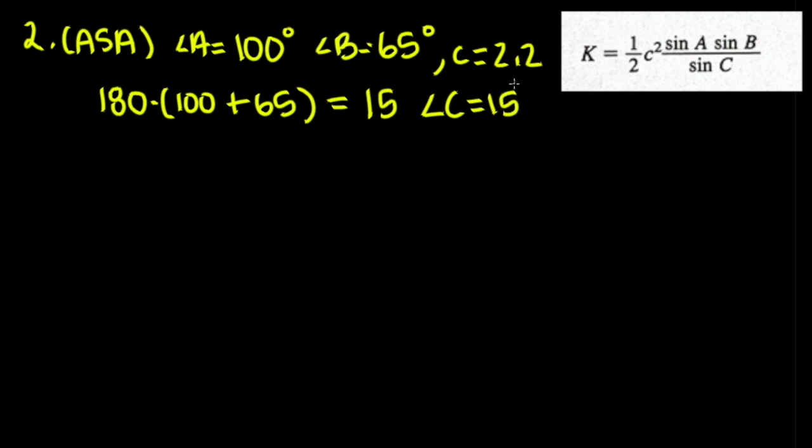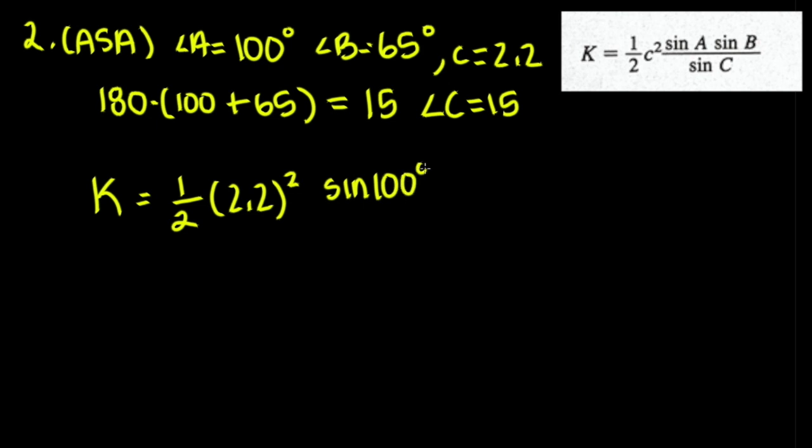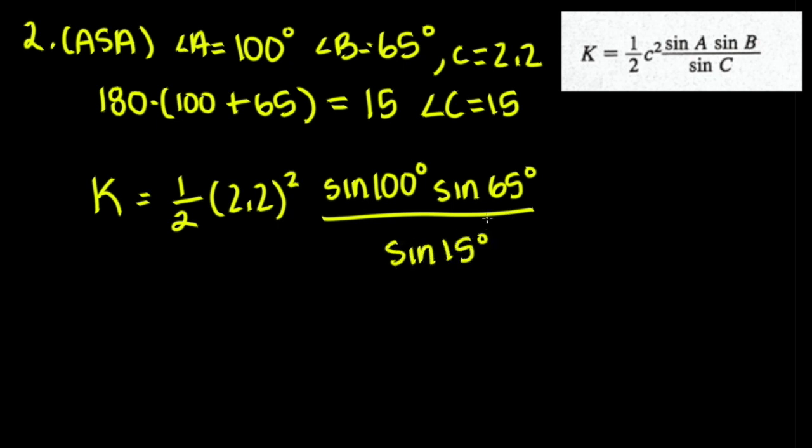Now all that is left to do is plug in the information that we know into this equation. So K is going to equal 1/2 times c squared, which is 2.2 squared, times the sine of 100 times the sine of 65, all divided by the sine of 15 degrees.